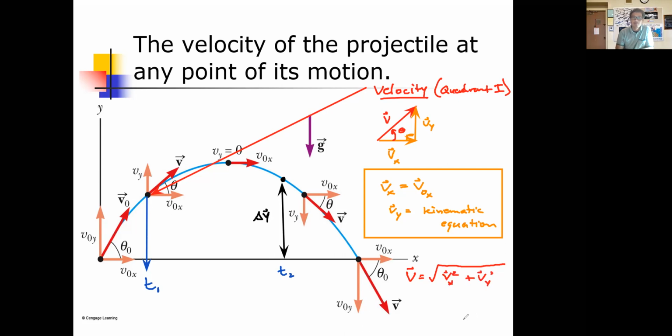And once we have that, how would we find this angle right here? We now have vx and vy. We could take the inverse tangent of vy over vx and get our angle right there.